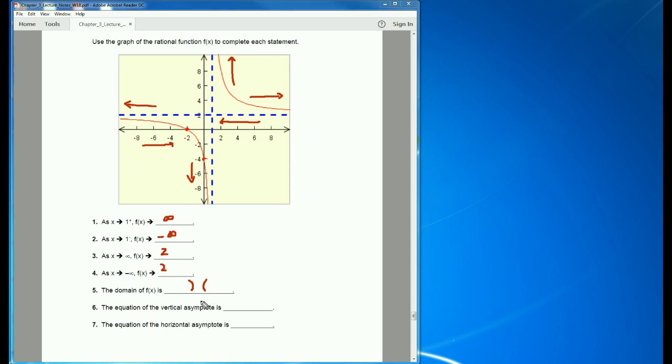The equation of the vertical asymptote is the line x equals 1. The equation of the horizontal asymptote is the line y equals 2. So when you write the equations of the asymptotes, make sure you include the x or the y, just to be clear.